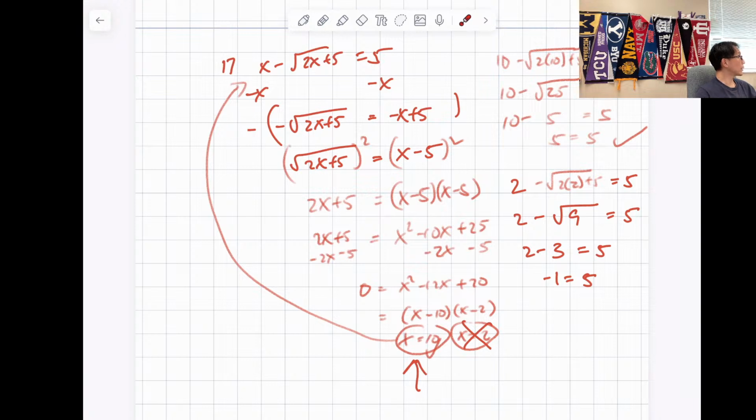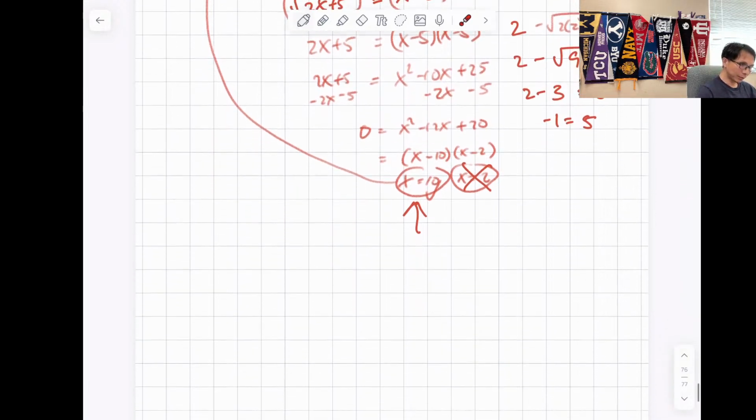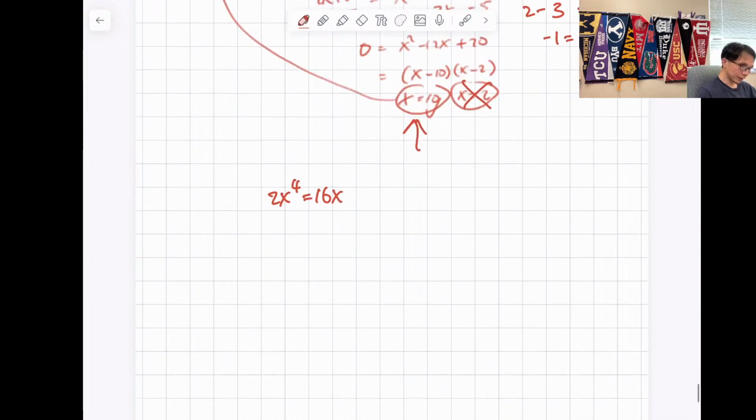Ben, do you have other questions? Oh, okay. That one's a good question. Hold on, let me go over that one. 2x to the what? Equal to 16x. So this one's a good one.